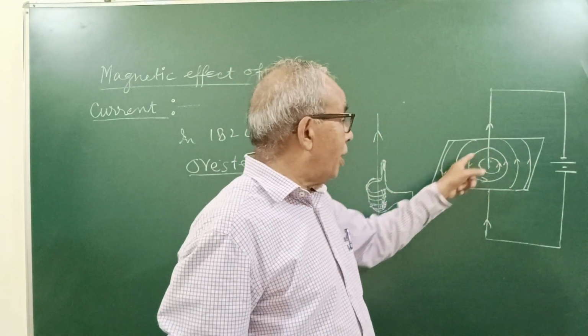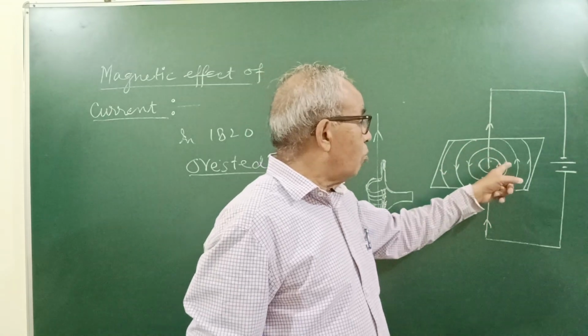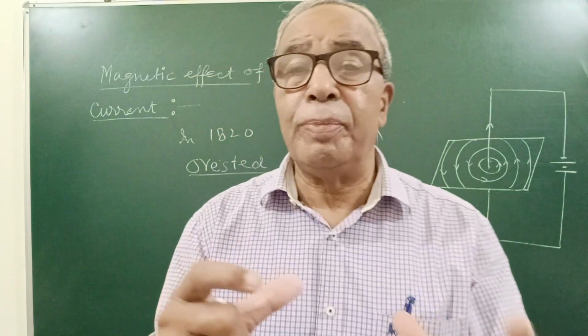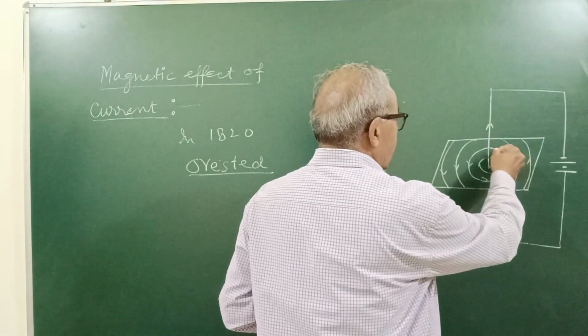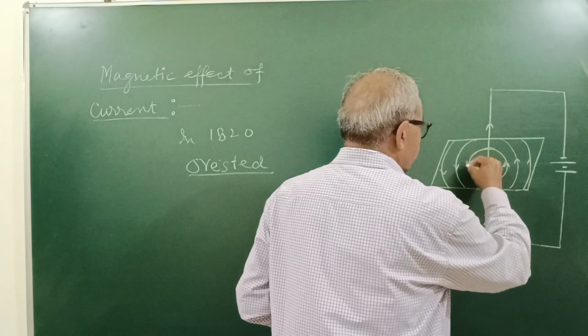The circular path here shows the path followed by a compass needle. A compass is a small magnet, and it follows this path, and these are called field lines. The arrow gives the direction.